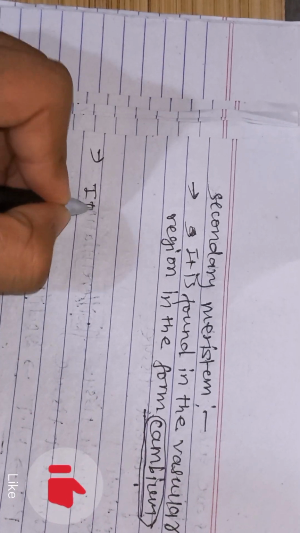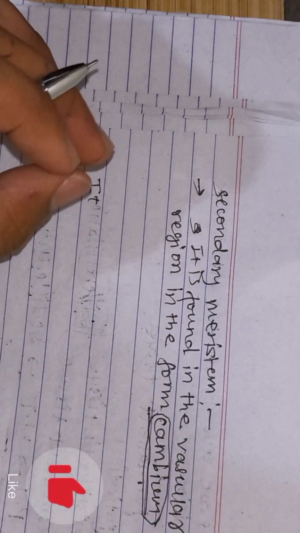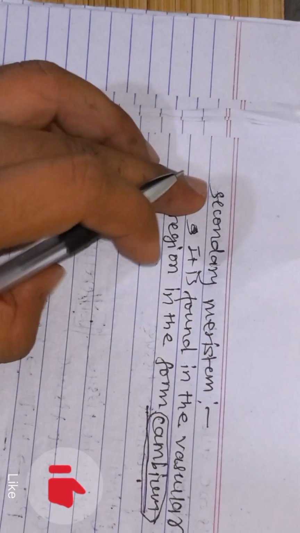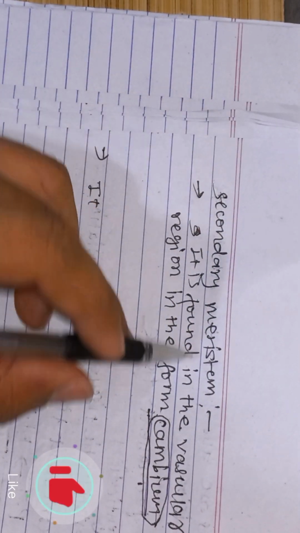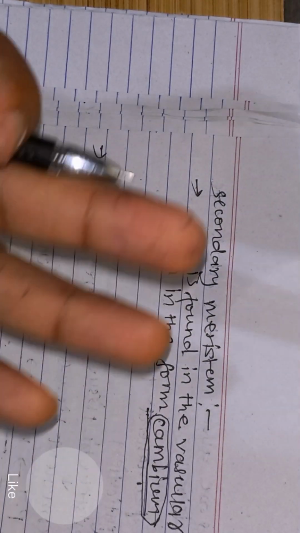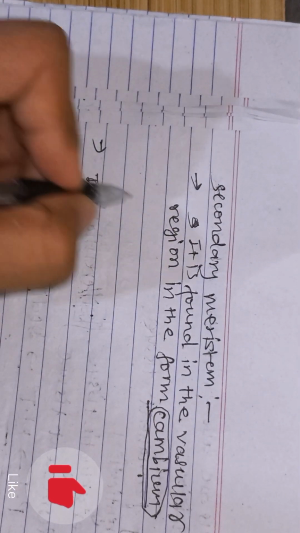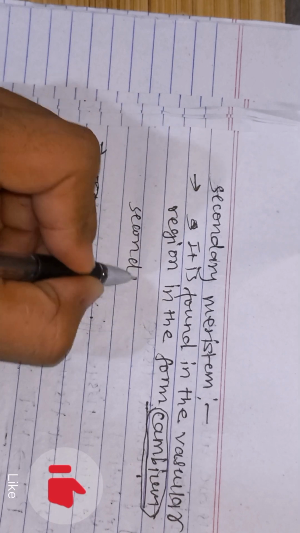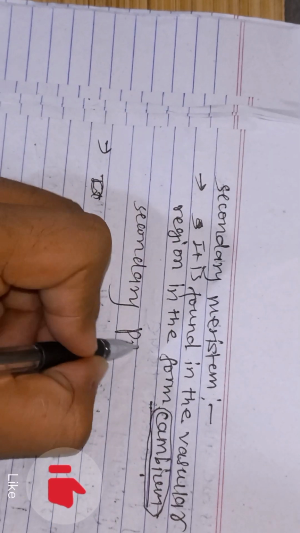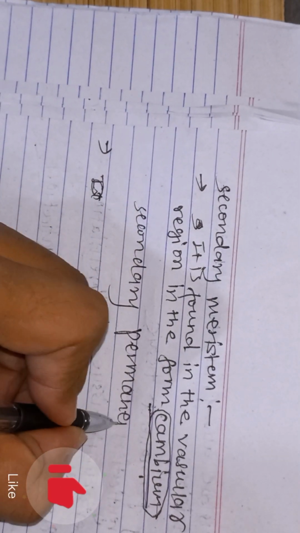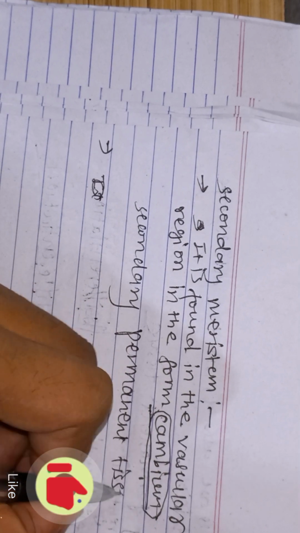It gives rise to secondary meristem the way primary permanent tissue does. The secondary meristem undergoes differentiation and forms secondary permanent tissue.